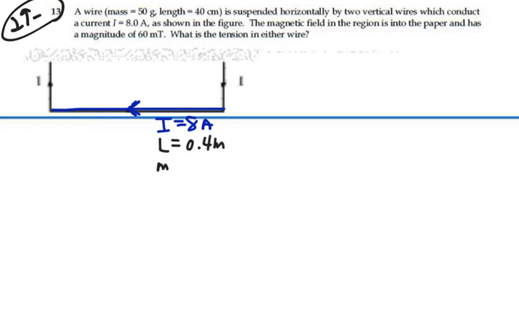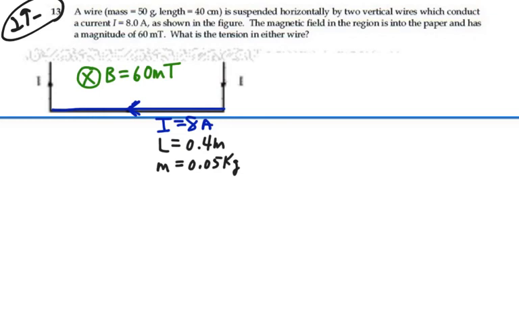And the mass is 50 grams, which would be 0.05 kilograms. Okay? There's a magnetic field that is into the page, and the value of that magnetic field is 60 millitesla.